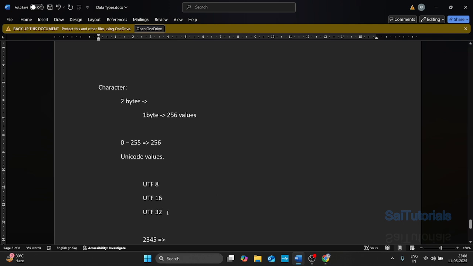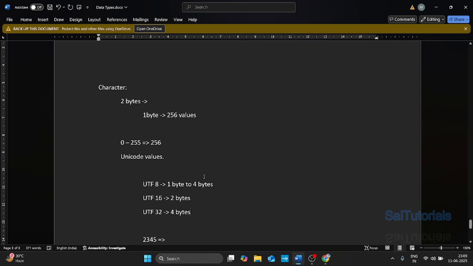So what we do is it will encode the hexa number into binary, and it will store it in the memory. Okay, so how does UTF-8 work? Based on the hexa value, it will convert the data into binary, and the size varies from 1 byte to 4 bytes. Okay, and for UTF-16, any number will be converted into binary, and it will give only 2 bytes, and UTF-32 will give 4 bytes.